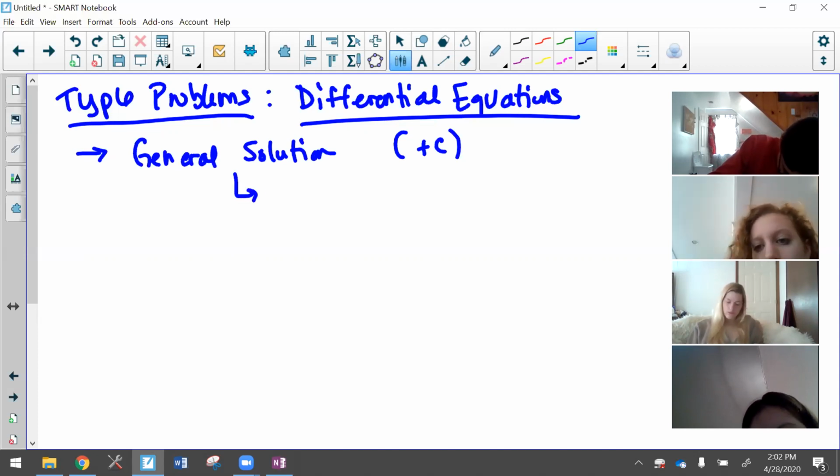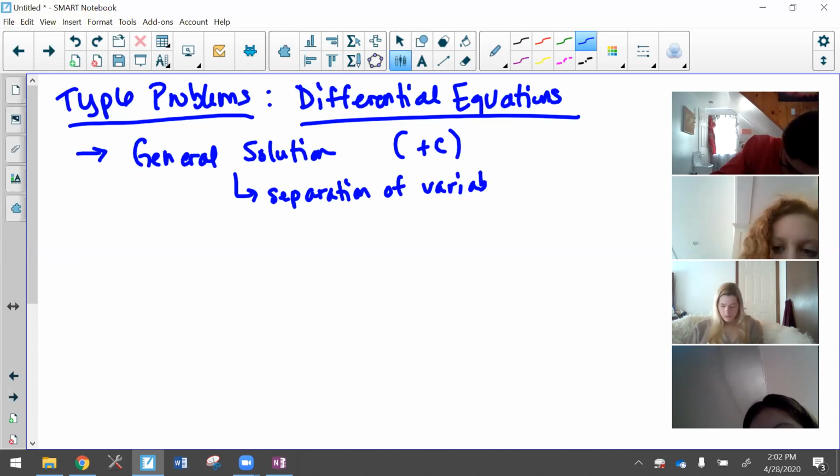And what often comes into play here is doing separation of variables, which means that you get all of the terms that have x on the side with the dx, you get all of the terms that have y on the side with the dy, and then you integrate both sides.